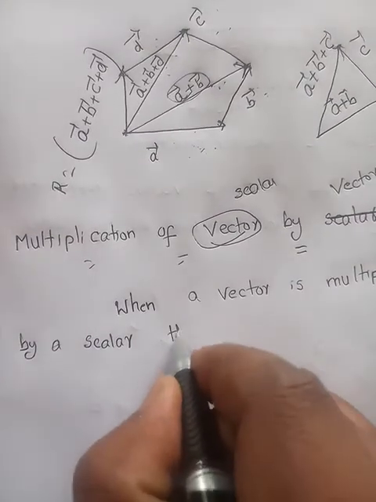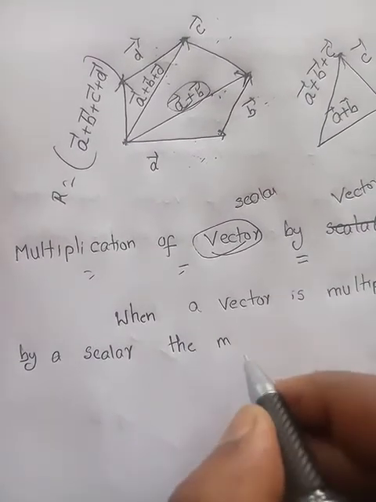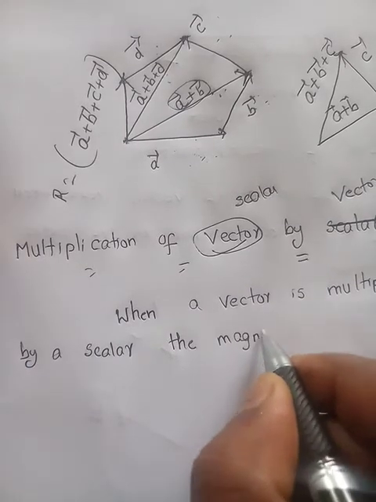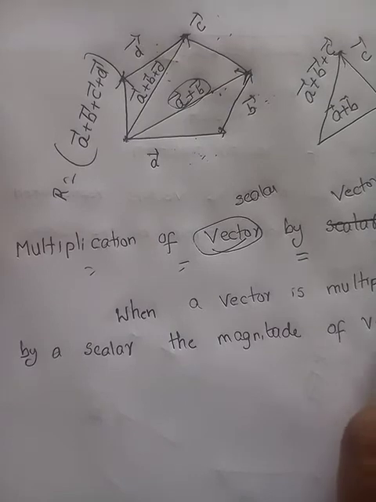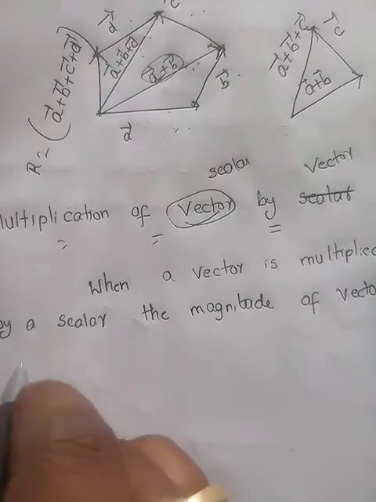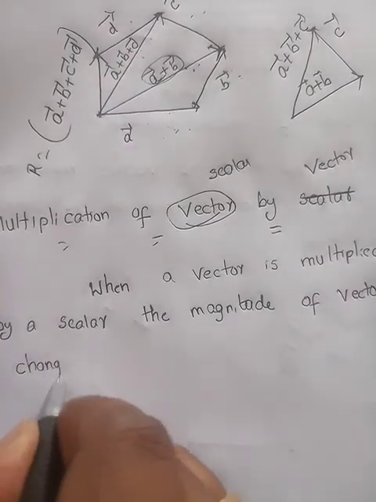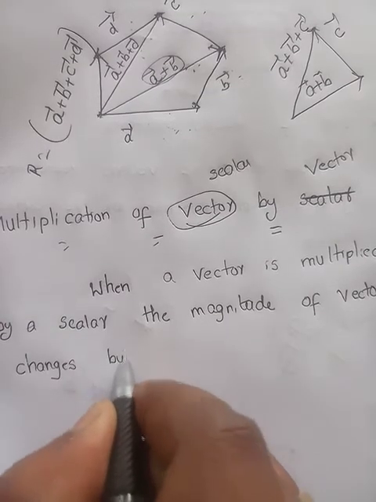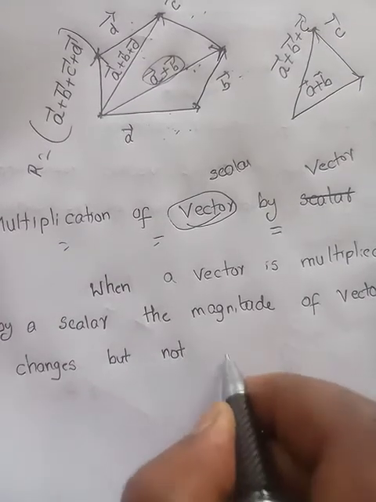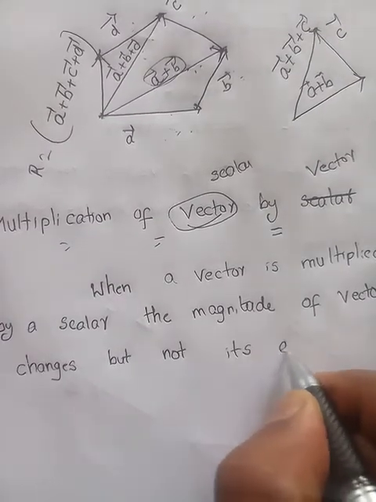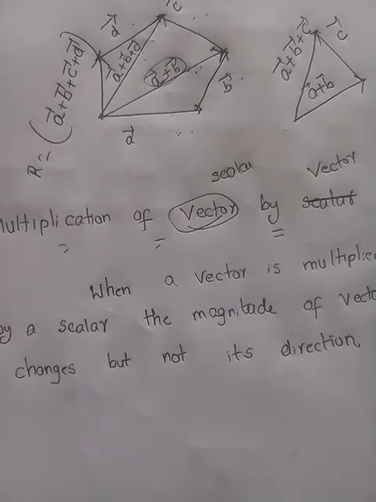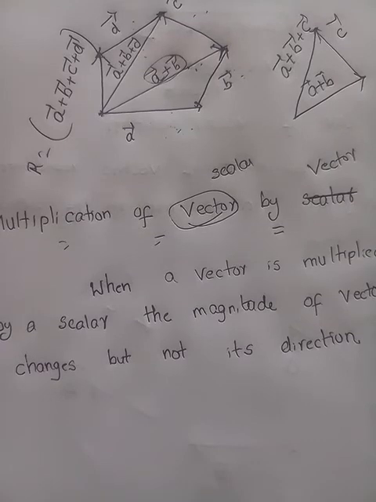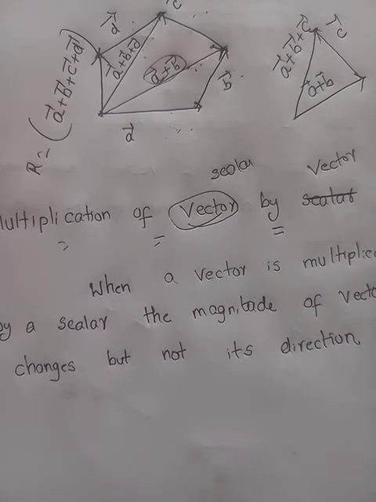The magnitude of the vector changes, but not its direction. See, when you multiply a scalar by a vector, there is a change in its magnitude but not its direction.